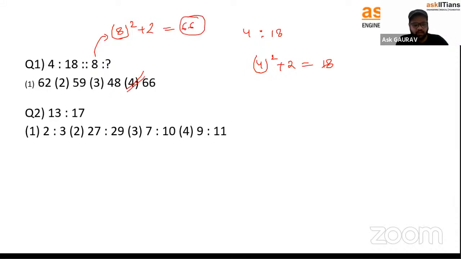Is this right? Go for the second question. 13 is to 17. Then choose the answer. Option 2 is to 3. Vaibhav, option 4. Okay.